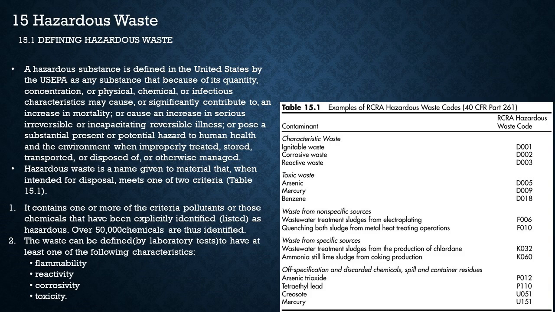Table 15.1. It contains one or more of the criteria pollutants or those chemicals that have been explicitly identified and listed as hazardous. Over 50,000 chemicals are thus identified. The waste can be defined by laboratory tests to have at least one of the following characteristics: flammability, reactivity, corrosivity, toxicity.